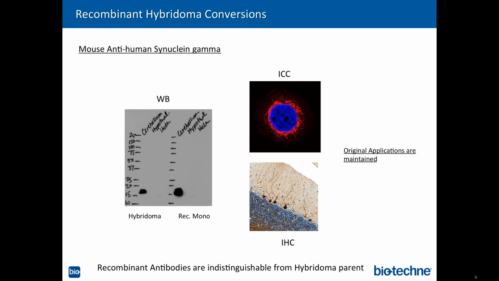The advantage of that is that we know the exact sequence of this antibody. So going through this for the next, let's say, 10 years, we sell the same antibody for 10 years, we can always refer back to the parent cell line's sequence. And if anything ever should shift, it would be very, very obvious because now we've got the exact amino acid sequence for these antibodies.